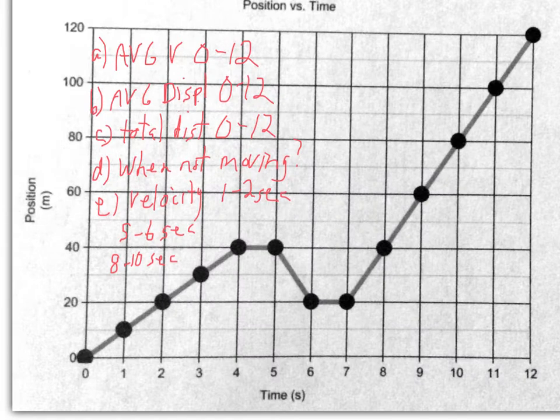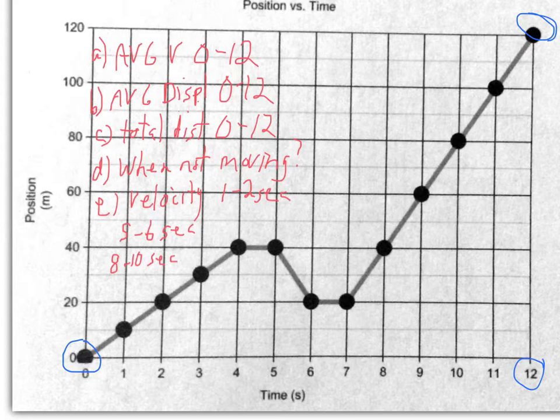All right, in the last problem, for part A, we're asked to find the average velocity from 0 to 12 seconds. So we have on our graph here an object moving from here all the way up to here in 12 seconds.